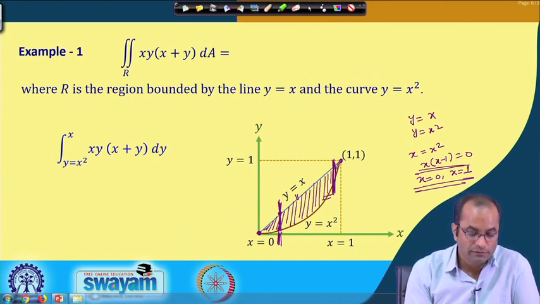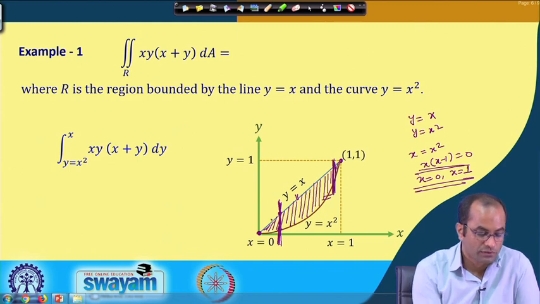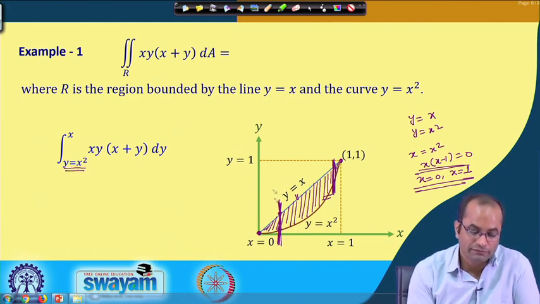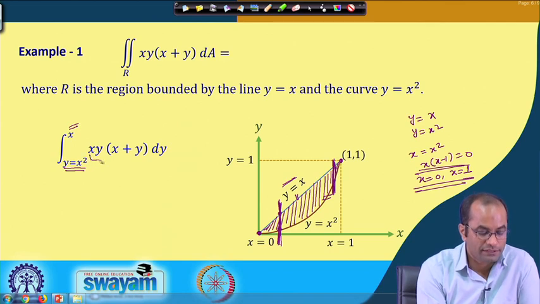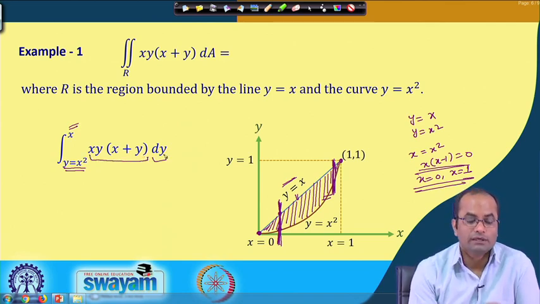Here the lower limit for y will be x square, because at this point when it enters the domain it is y is equal to x square, and when we leave the domain it is y is equal to x. So, these are the limits. We have the integrand x y times x plus y, and we will integrate with respect to dy.